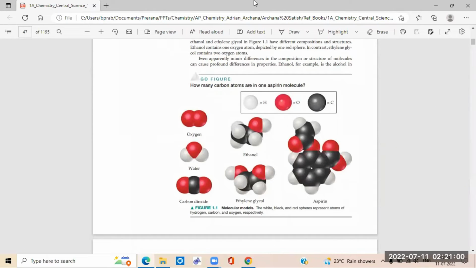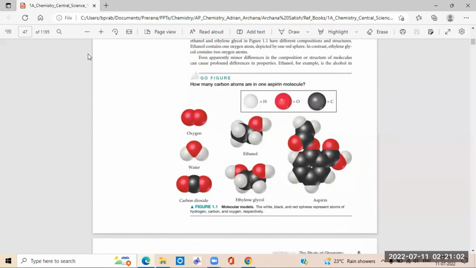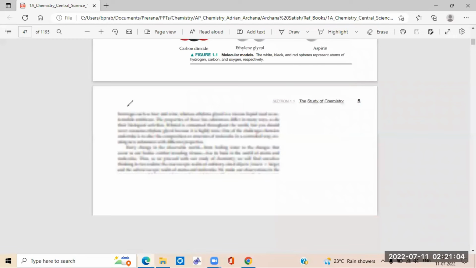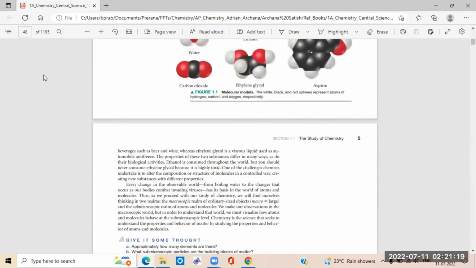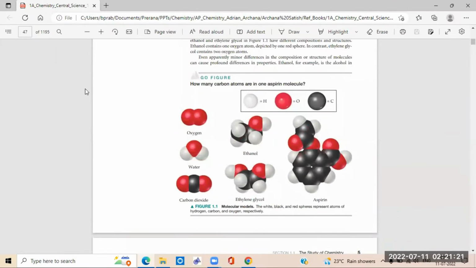Yeah, so here we can see the different molecules shown in the figure. Here you can see, as I've told you, the oxygen molecule made up of two oxygen atoms.